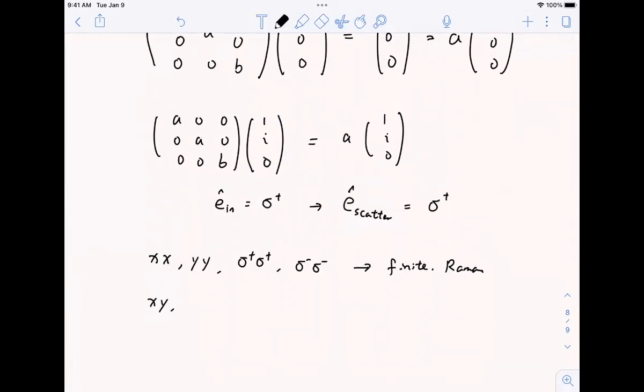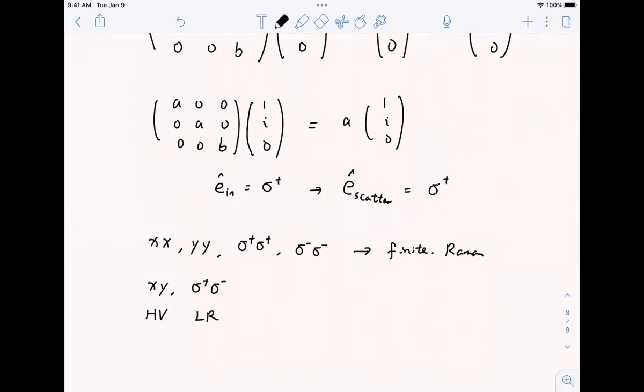However, if you put XY, or sigma plus sigma minus, you can call this horizontal and vertical, or left and right, just different names, then you're going to get 0. Different papers use different symbols, but you know the meaning. So these are the selection rules.